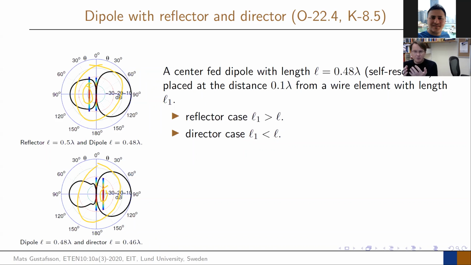If you would like to control the direction of the radiation from this array, you should control the phase of it. And what you do by changing the length of the element is that you actually control the phase. An intuitive picture of why this works is that the driven element is self-resonant. By changing the length a little bit, you can make the element either capacitive or inductive.